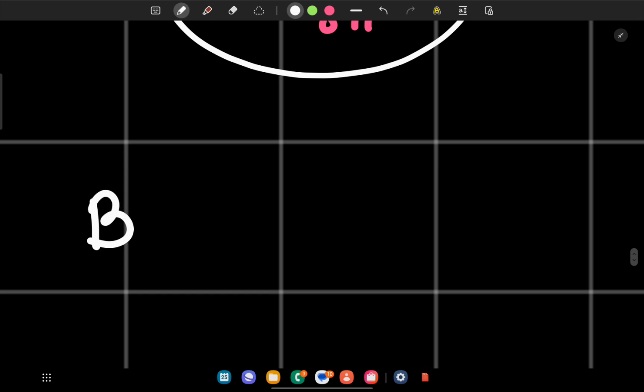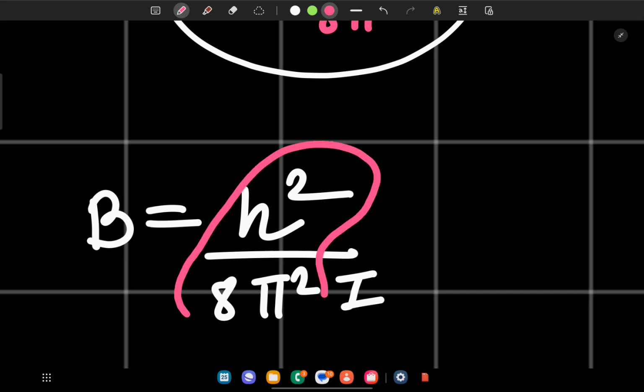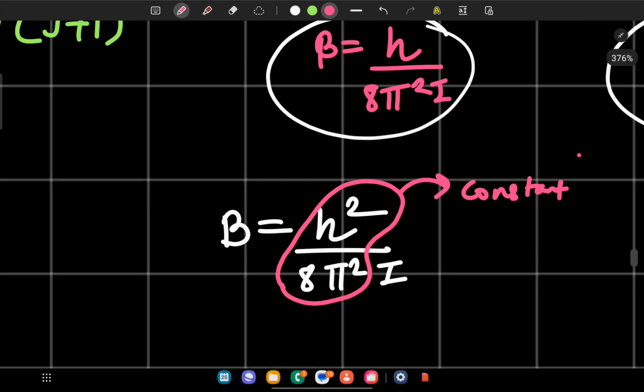Beta is equal to h square by 8 pi square I. Looking at this equation, what can I say? That h square by 8 pi square, all these terms are constant. So the only term affecting beta is I. That is, the rotational constant is only and only influenced by the moment of inertia.